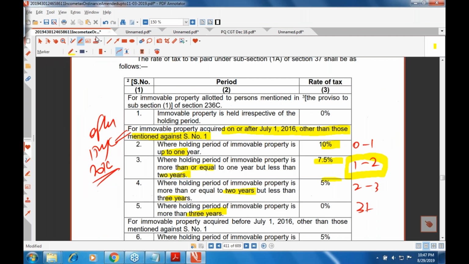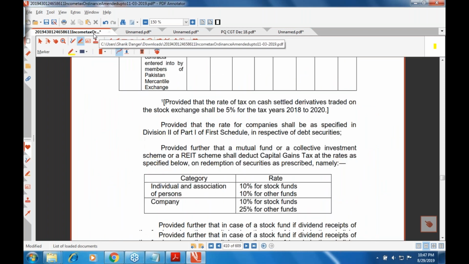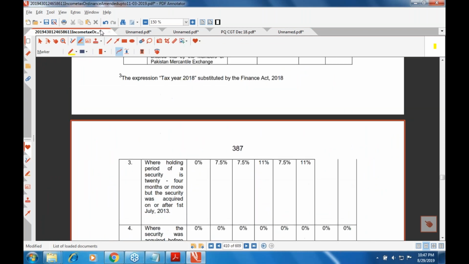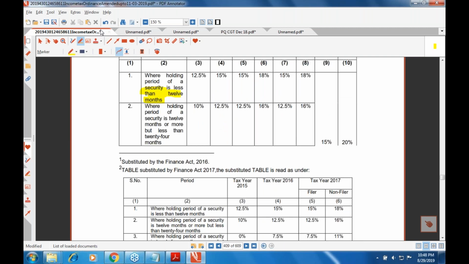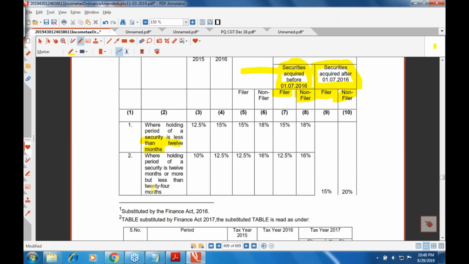We need to see what tax rate is applicable here. So it's more than 18 months, so there is a slab of more than 12 months but less than 24 months. Were the securities acquired before 1st July 16? No, they were acquired after 1st July 16. So it depends on whether it's a filer or non-filer, so either 15 or 20%.